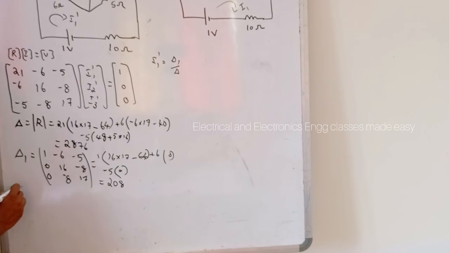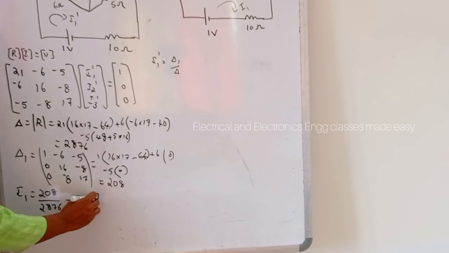So I1 dash is equal to delta 1, that is 208 divided by 2876, that is equal to 0.072 ampere. So this is I1 dash.